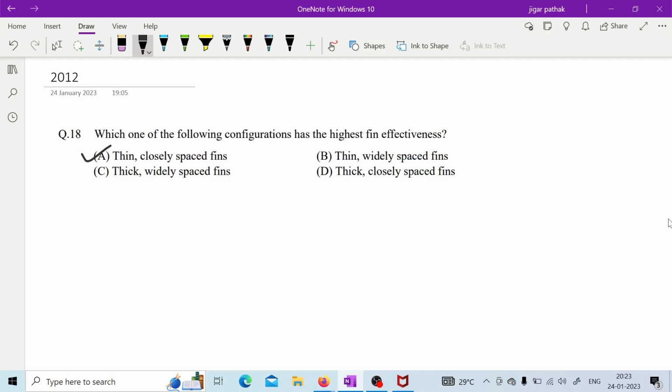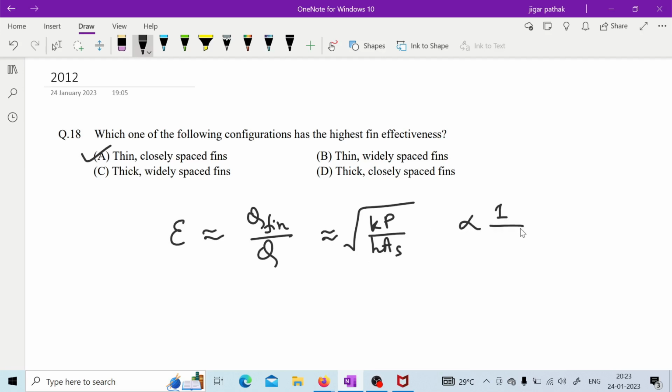Actually, you can provide it in terms of some mathematical form also, right? As we have discussed, effectiveness is nothing but heat transfer with fin and without fin. If you further simplify, for a long fin it is the square root of kP upon hAc. So this effectiveness is inversely proportional to the square root of the area.